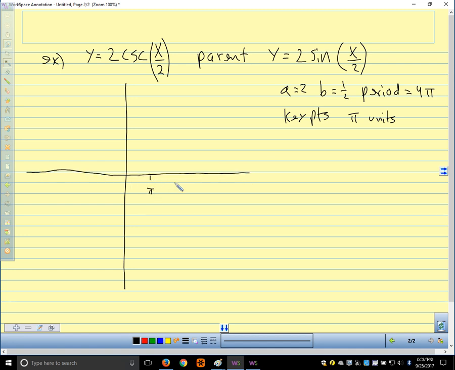So let me label my axes. And our amplitude is 2. And my parent is a sine function. So I'm going to start here at 0, 0, and then sketch in my key points every quarter period.